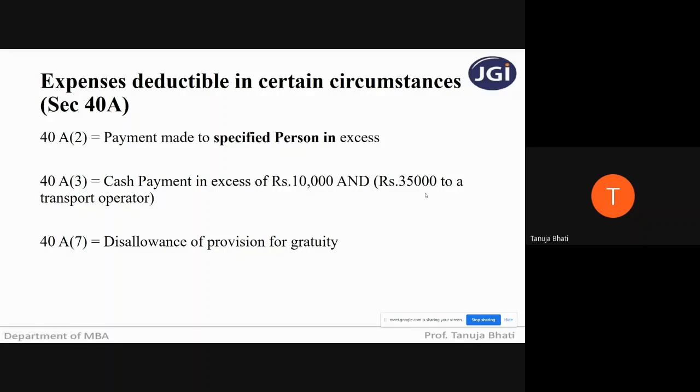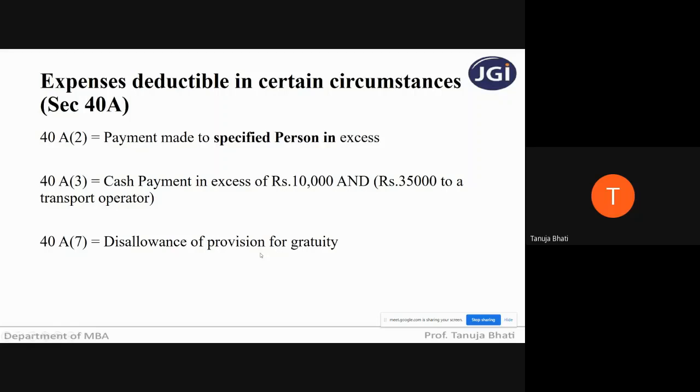In excess of 35,000, if it is paid in cash, it will be completely disallowed. Disallowed means it will not be allowed to be deducted from your income while calculating the profits and gains from business or profession.